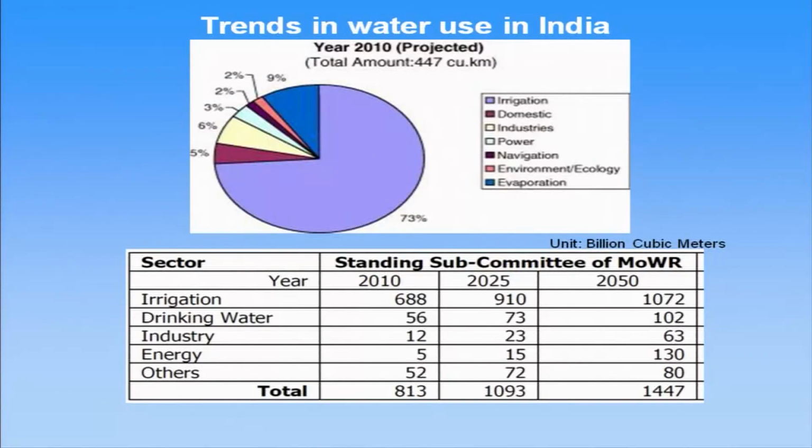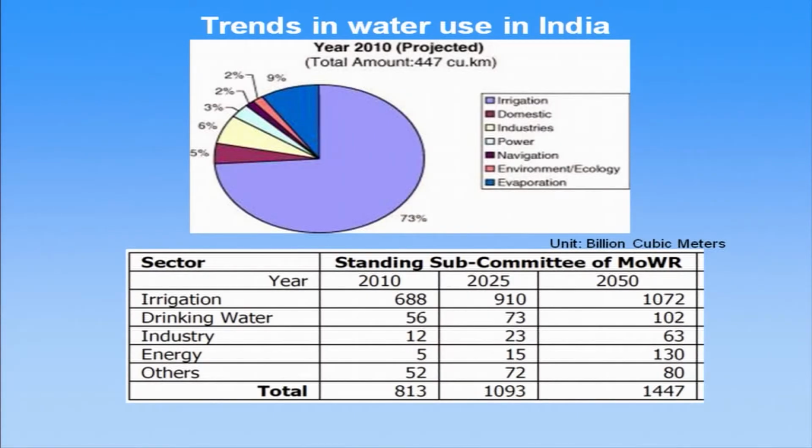So this is the table which has been given, and it has also been projected that in future the demand is going to increase in terms of irrigation. In 2050, the demand is going to be tremendously high.